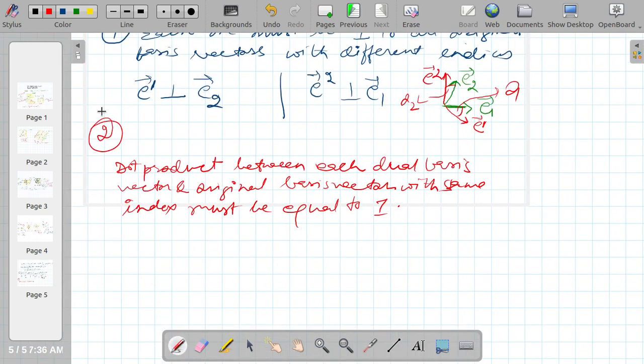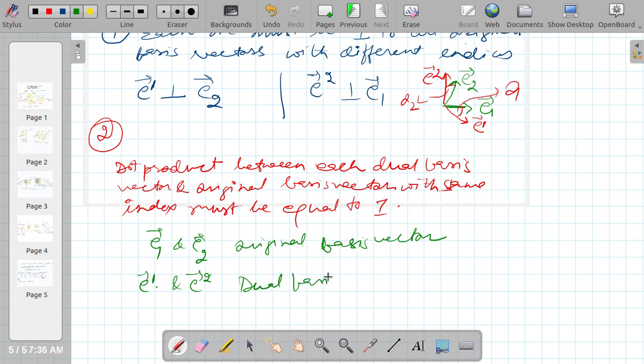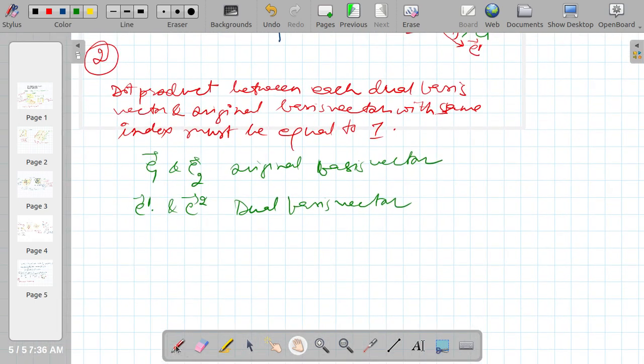Mathematically, how can this be written? If E1 and E2 are the original basis vectors and E1 and E2 with superscripts are the dual basis vectors, then the condition they must obey is that the dot product of E1 and E1 is always unity, and likewise for E2, always unity.